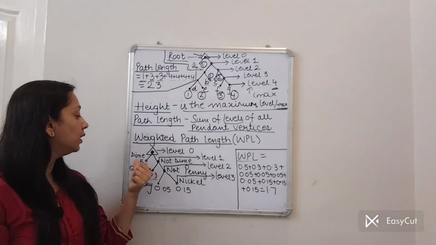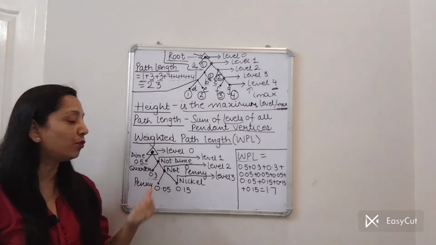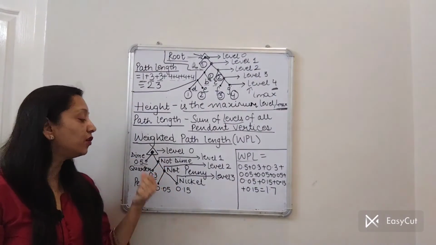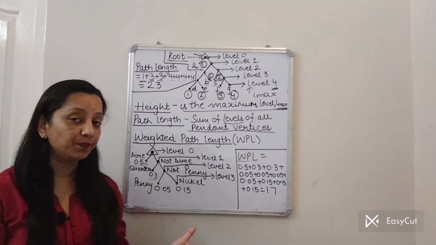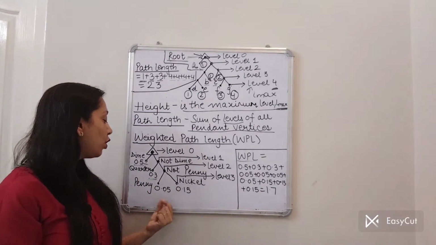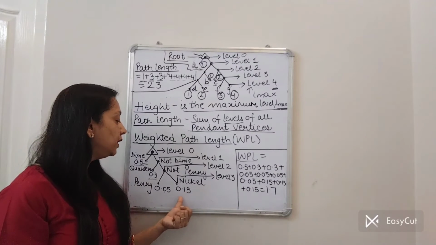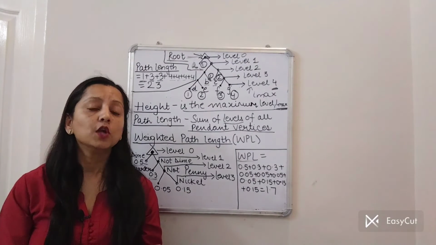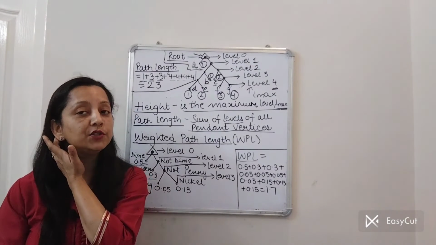Like the probability of a dime entering in the slot of a cold drink machine here is 0.5. The probability of a quarter entering is 0.3. Similarly, the probability of a penny entering is 0.05 and the probability of a nickel entering is 0.15. So for such applications, we use weighted binary trees.